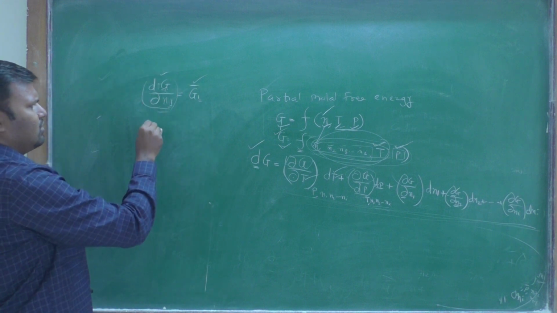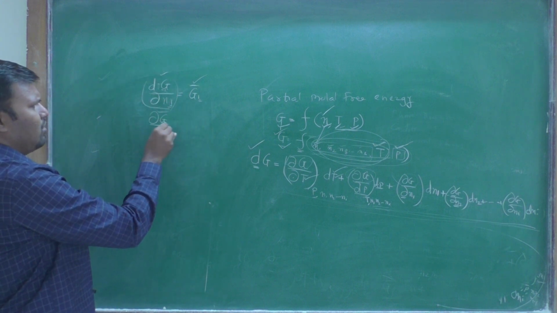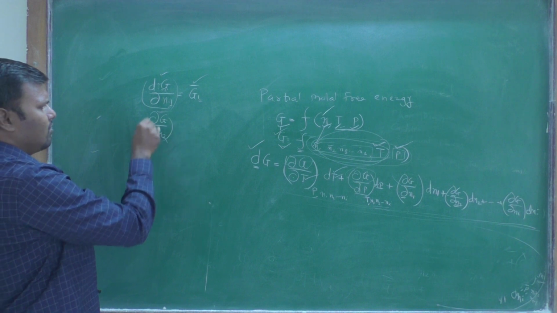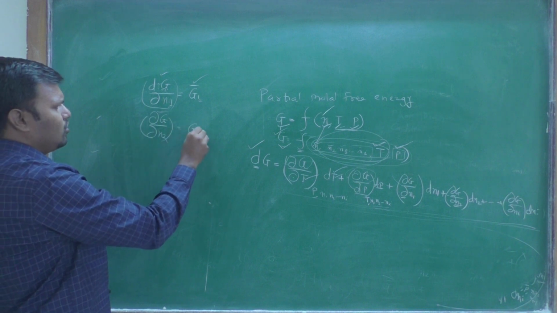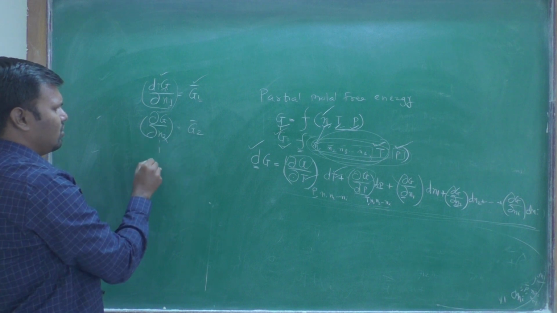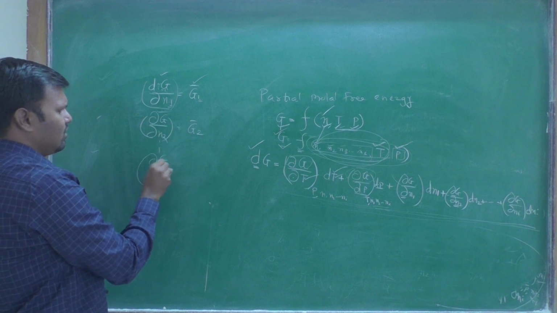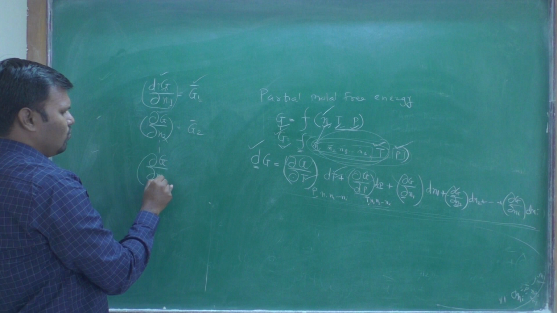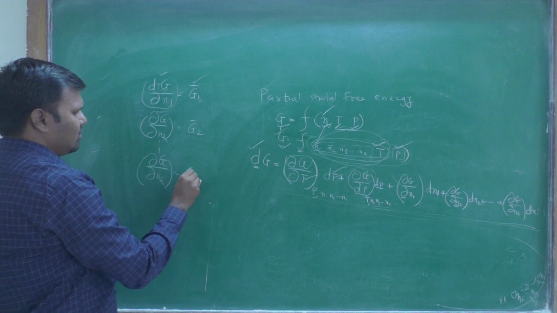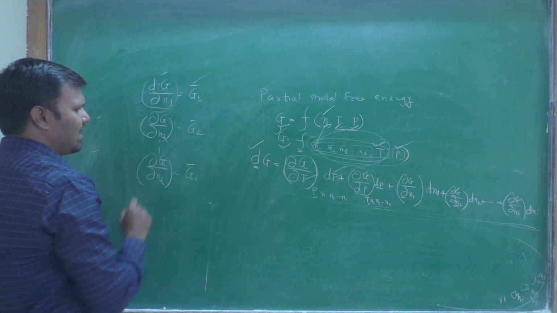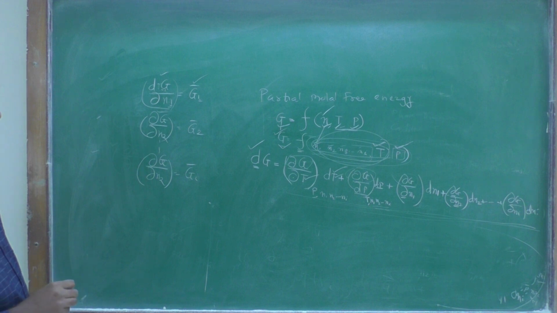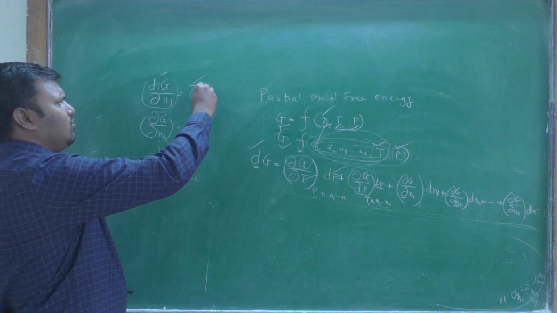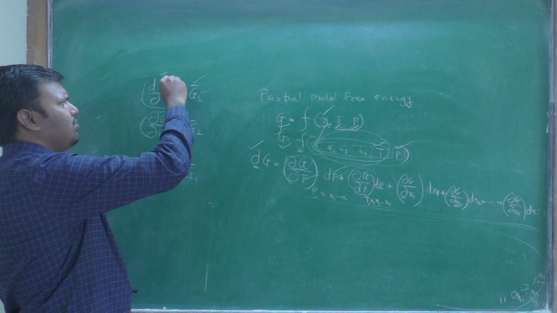Then del G upon del n2 we will obtain as G2 bar, and so on, del G upon del ni we will obtain as Gi bar. Therefore we introduce new terms for these mathematical terms.